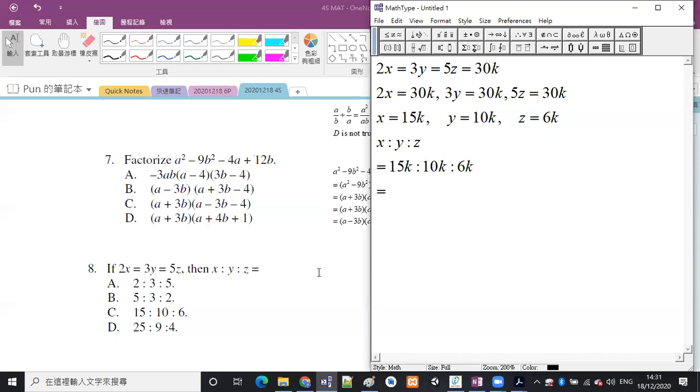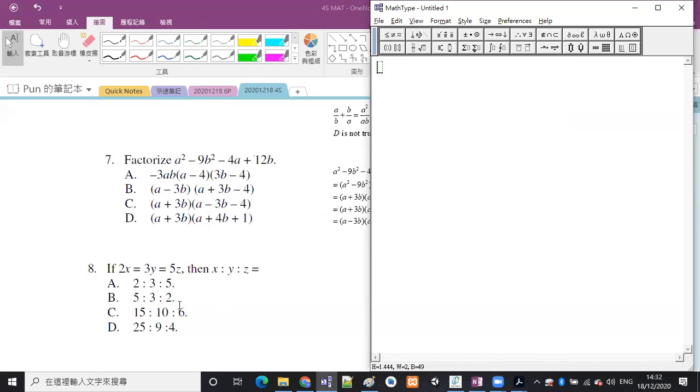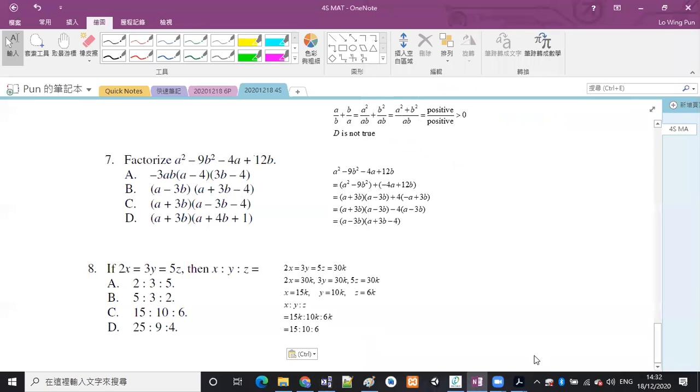Okay, so 15k divided by k is 15. 10k divided by k is 10. 6k divided by k is 6. That is the answer. Okay, just check whether we can still simplify this ratio. If there is no more simplification can be made, then that is the answer. Okay, and you can find the answer option C here. Can you get this?